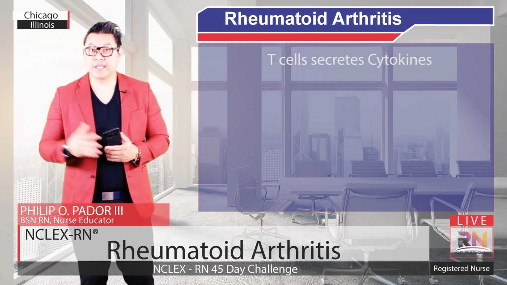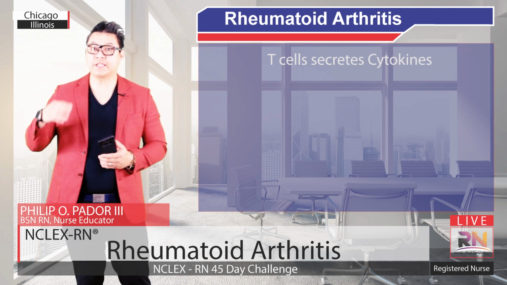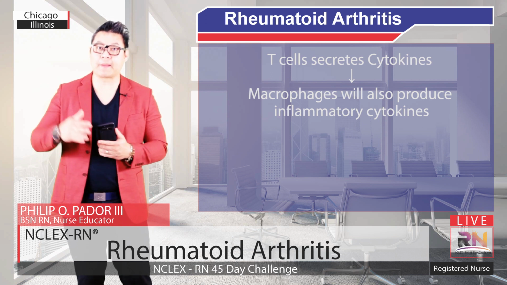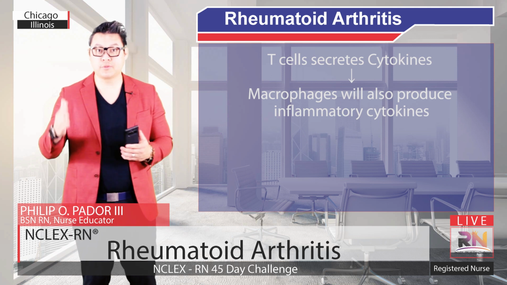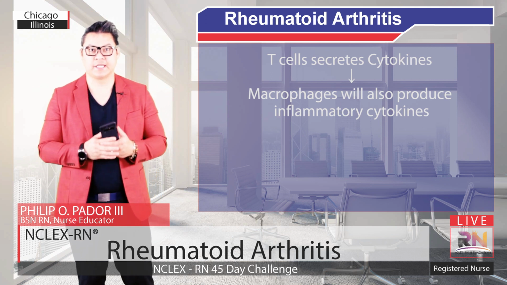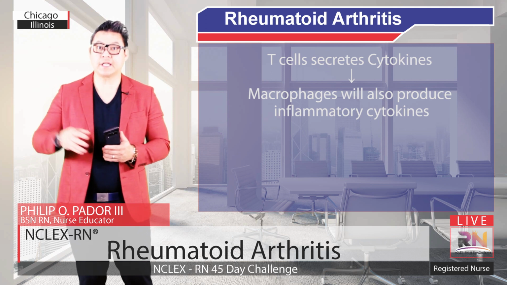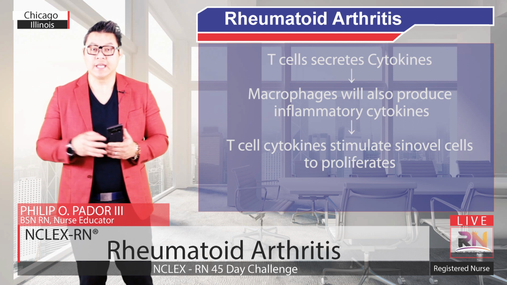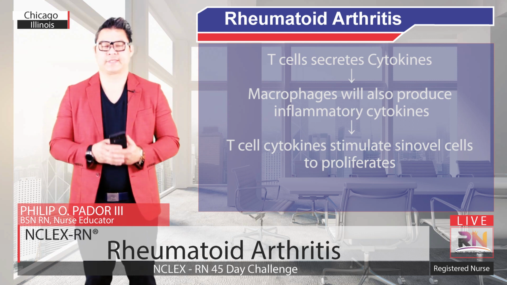Once there, T cells secrete cytokines like interferon gamma and interleukin-17 to recruit more inflammatory cells like macrophages into the joint space. Macrophages will also produce inflammatory cytokines like tumor necrosis factor alpha, interleukin-1 and interleukin-6, which together with the T cell cytokines stimulate the synovial cells to proliferate.